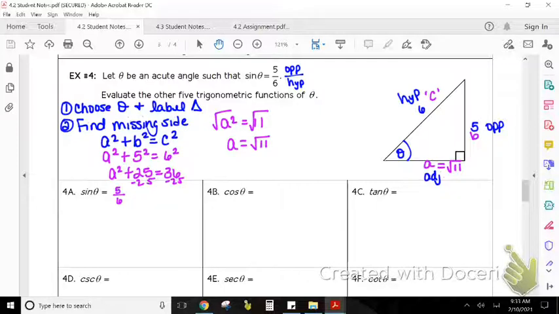Cosine of theta, cosine is adjacent over hypotenuse. Adjacent is the square root of 11. The hypotenuse is 6. Tangent is opposite over adjacent. So we get 5 over the square root of 11, but we can't have that radical on bottom. So 5 square roots of 11 over 11.